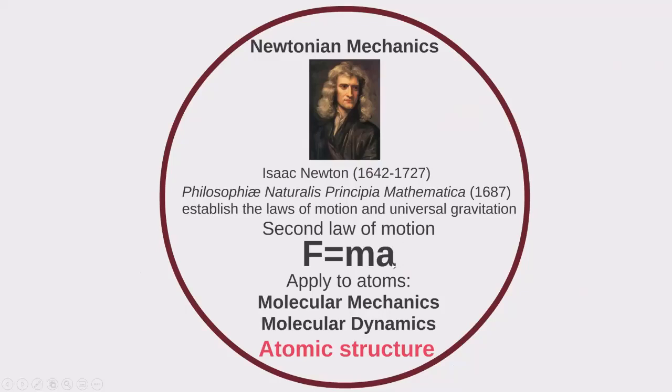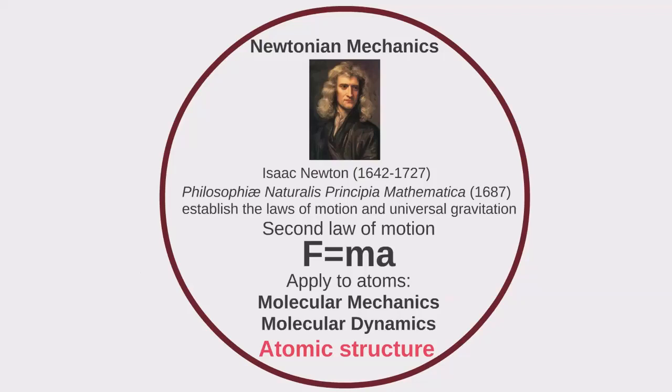We apply that to the atoms, and that way we can study the atomic structure, how molecules are assembled, and how they interact with each other when they are placed in a medium like water, in a solvent. But when we do that, most of the time we neglect the electrons. We just consider the nuclei of the molecule.